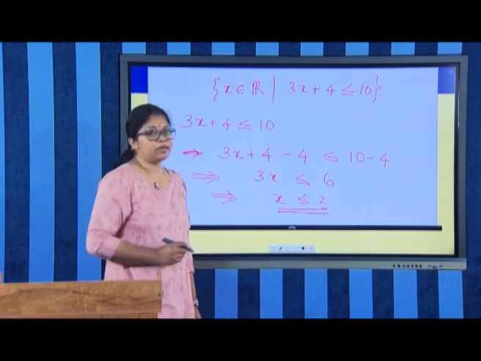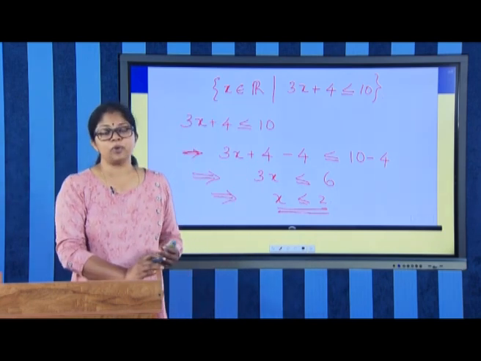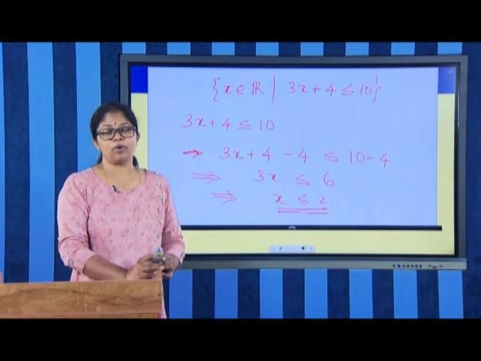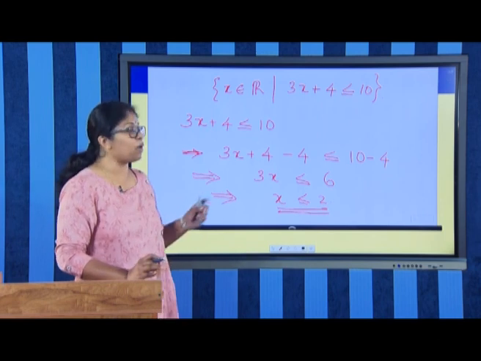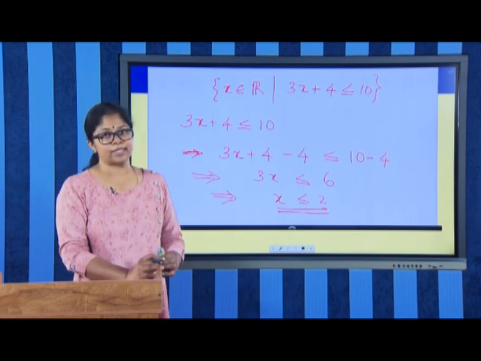So, this method is used in linear programming problems and so on, and in different other branches of mathematics as well, where we have to find the solutions of inequalities, linear inequalities we can say.